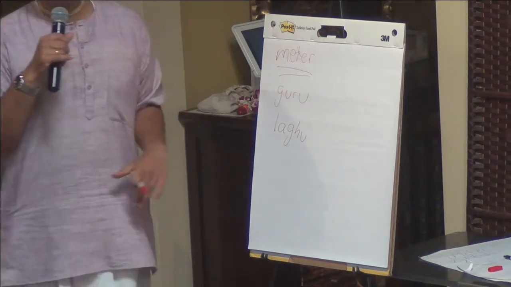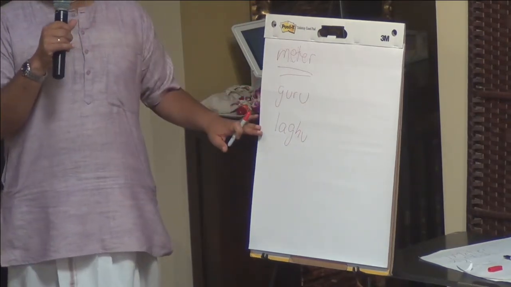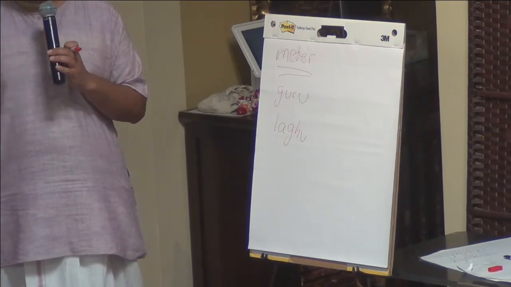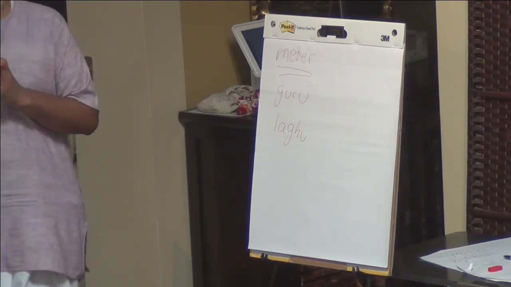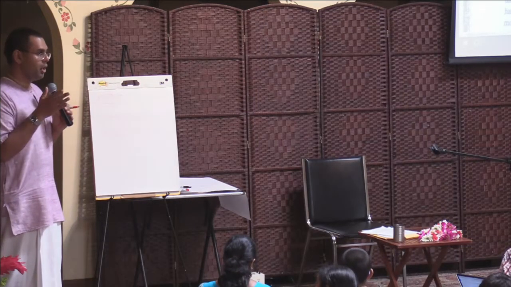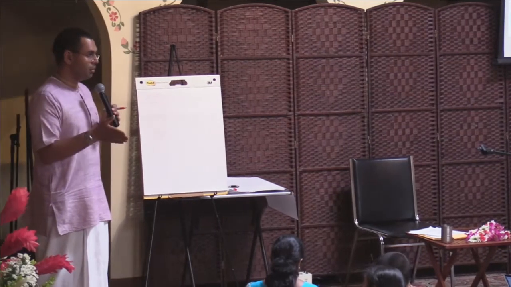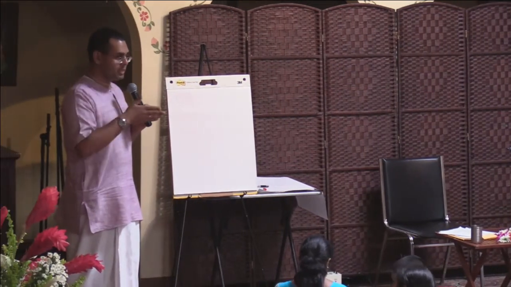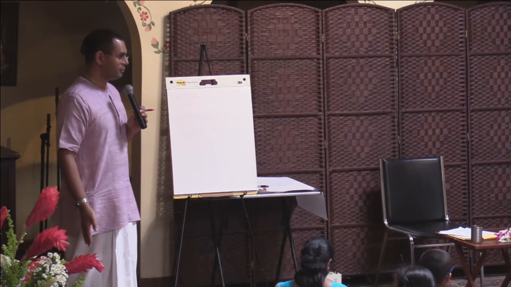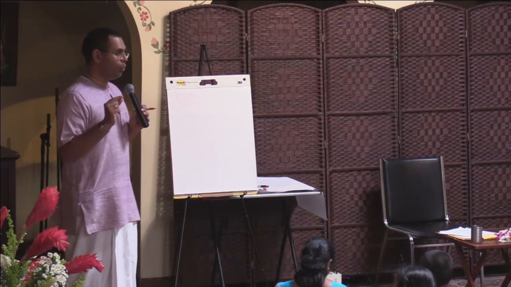Guru means long or heavy; the words literally translate to heavy and light. Laghu means light. So long and short, or heavy and light. Guru, laghu. And every verse is a fixed number of syllables in a fixed pattern of long and short.